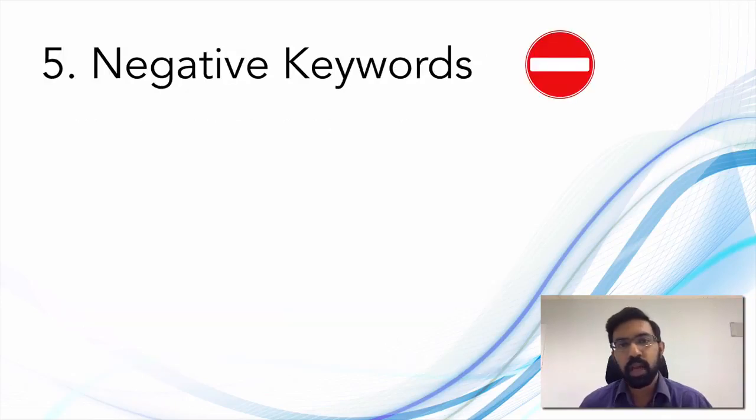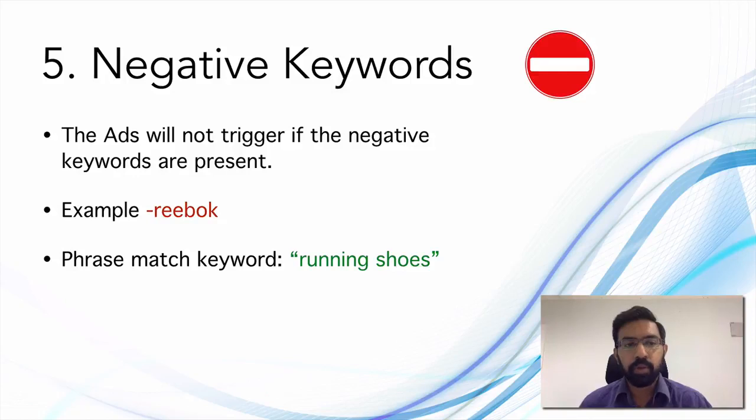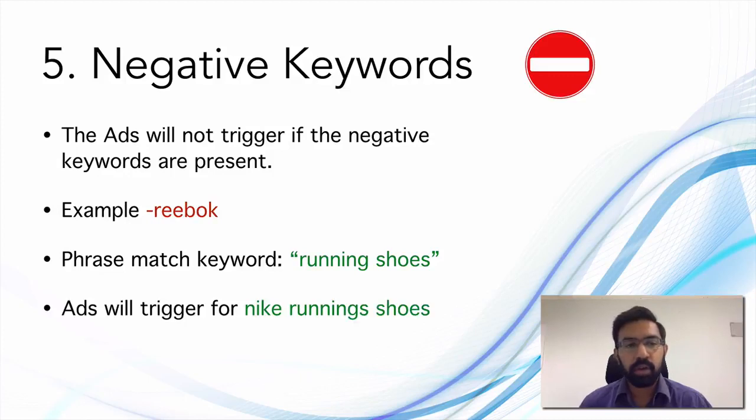So negative keywords, the last and final type of keywords, is negative keywords. The ads will not trigger if the negative keywords are present. Example, Reebok. So let's say we are including the negative keyword as minus Reebok in the campaign. I will show you where to add these keywords in the AdWords account. So if someone is searching for running shoes, let's say this is the phrase match keyword that we have given, and if someone is searching for Nike running shoes, the ads will trigger because Reebok is not present in the keyword.